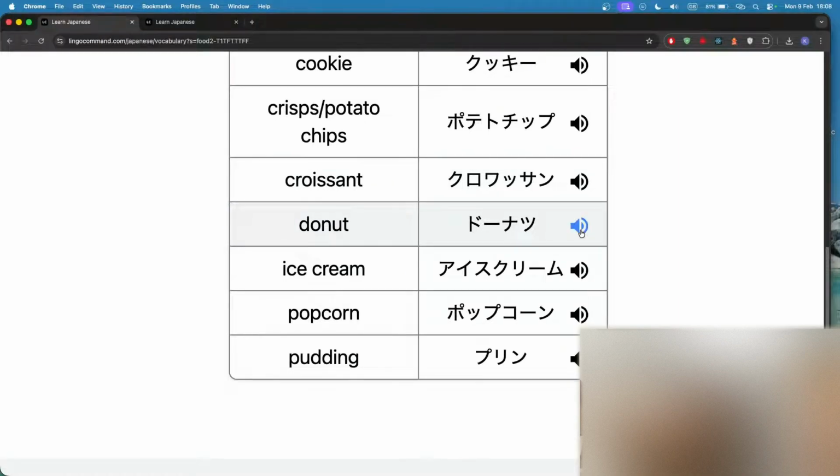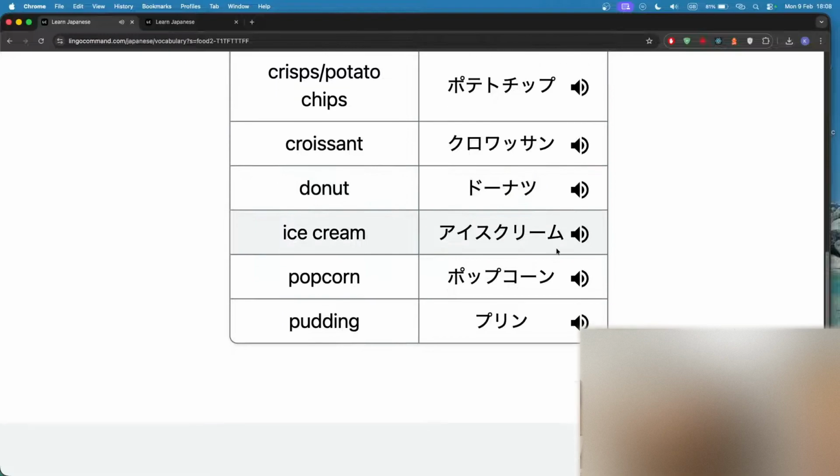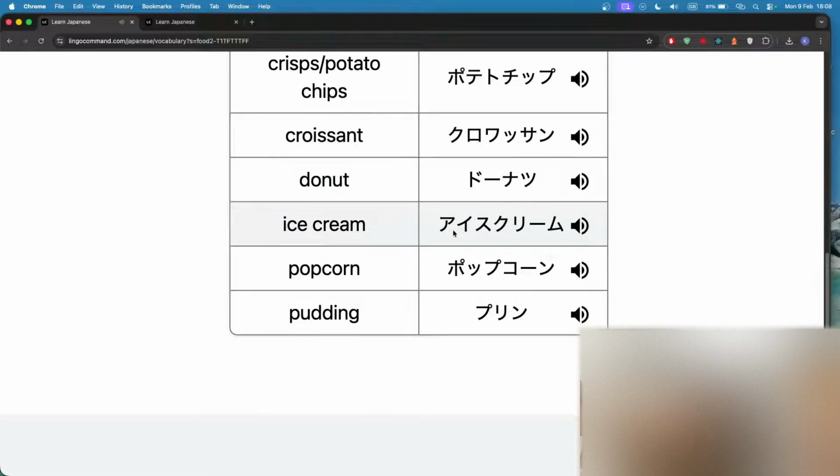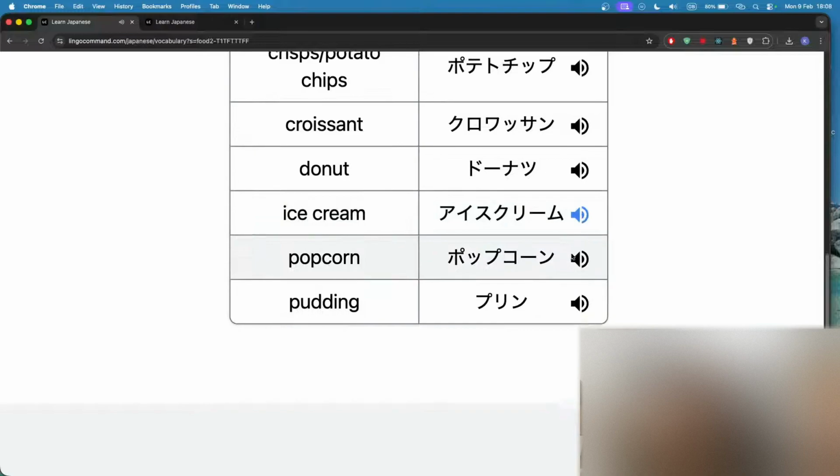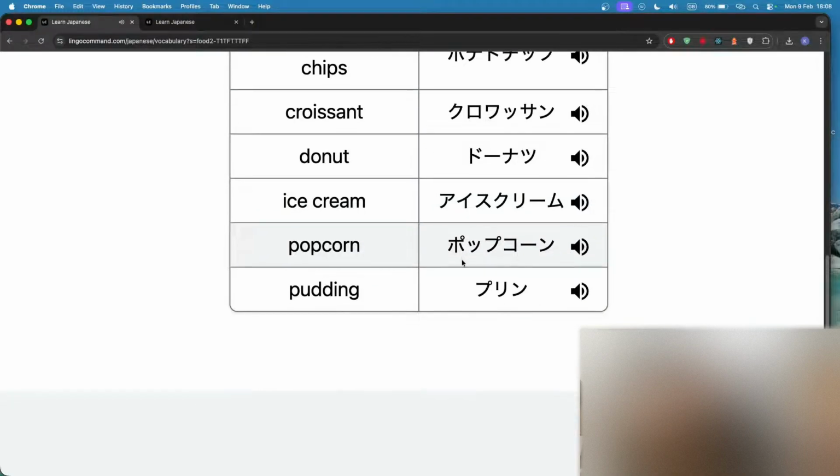Donatsu. Donatsu. Ice cream is ice cream. Aisukuriimu. Ice cream. And then this is popcorn. Poppukoon.